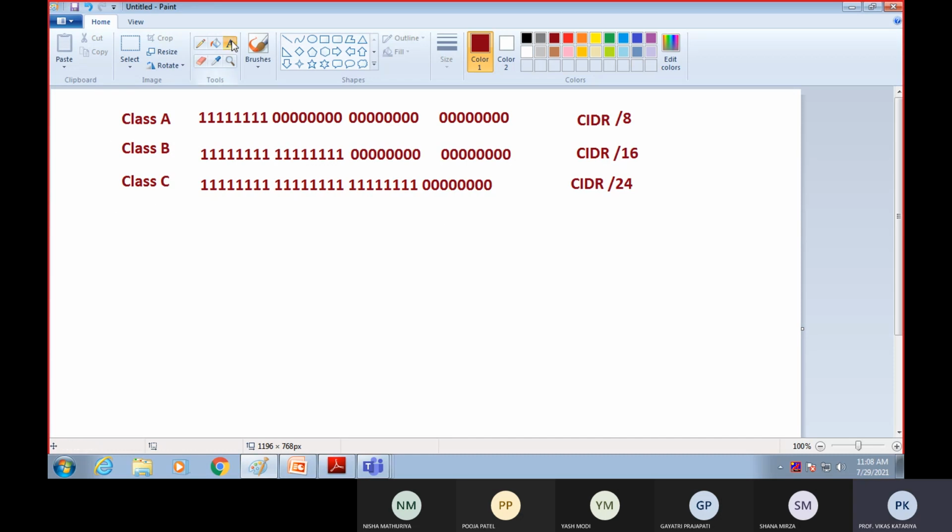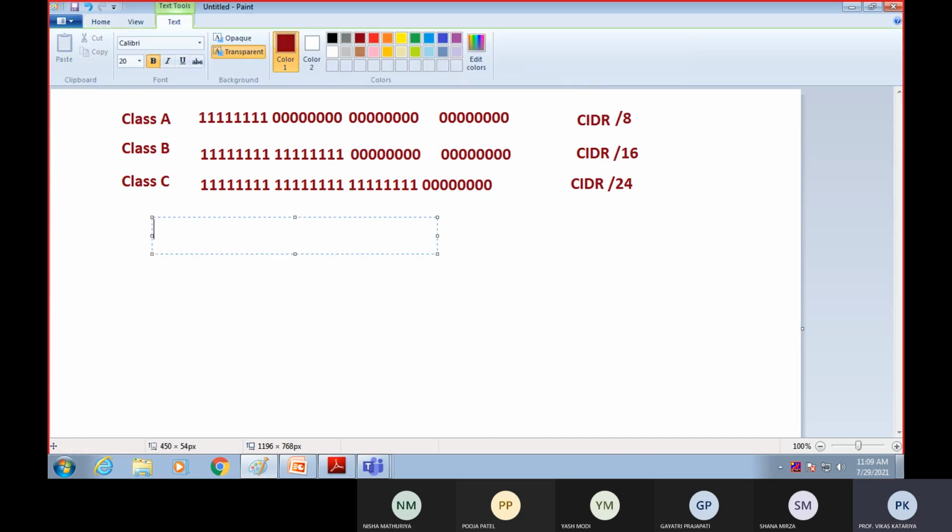Now what happened with classful IP addresses? Why CIDR? To understand that, first we will understand the drawback of classful IP addresses.